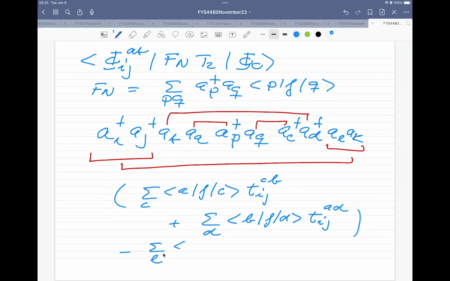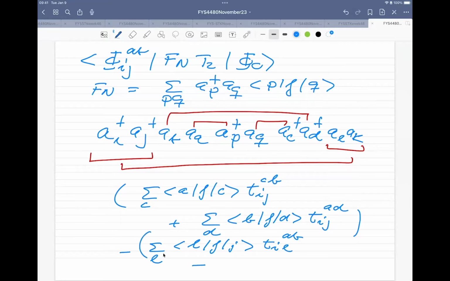Then I'm going to have an L, and then F, and then a J here. And then I have a T, I, L, and then A, B. So A, B is fixed now because I haven't changed the particle states, because they are not affected by the one-body operator. And then I have an additional term.